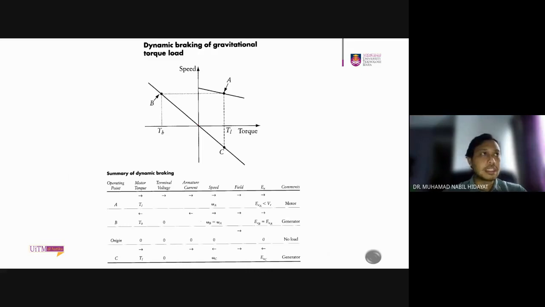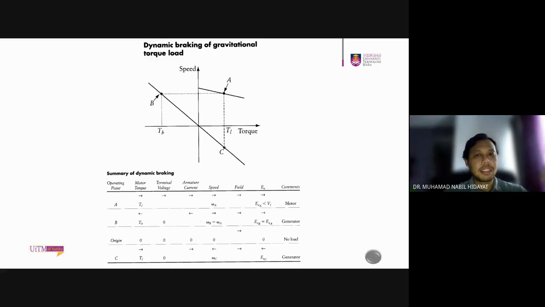So let's say you are driving your car at a hill. You hit the brakes, you hit on the resistor RB1. When it stops, it will then go downwards because of gravitational torque. Then it will have a certain speed within the region.